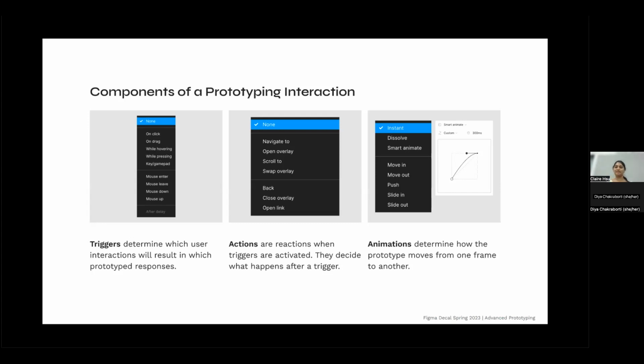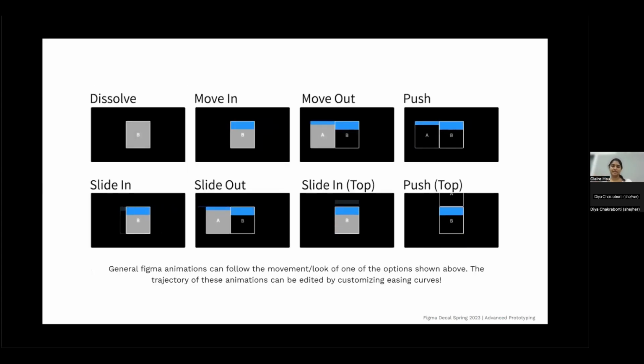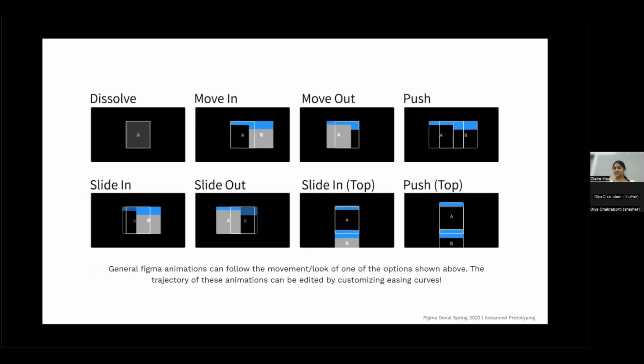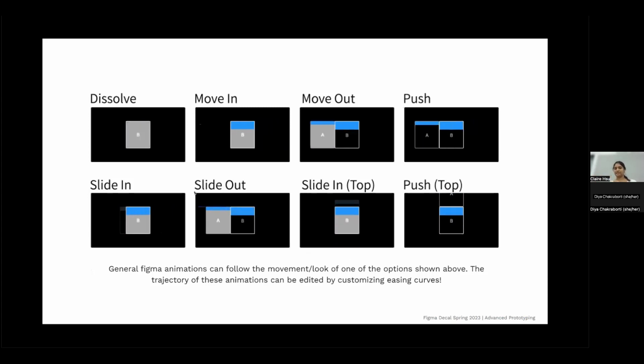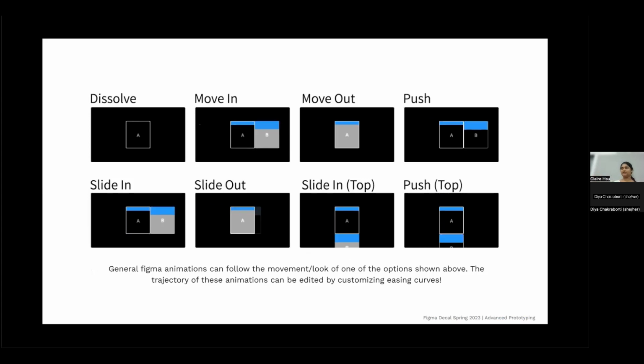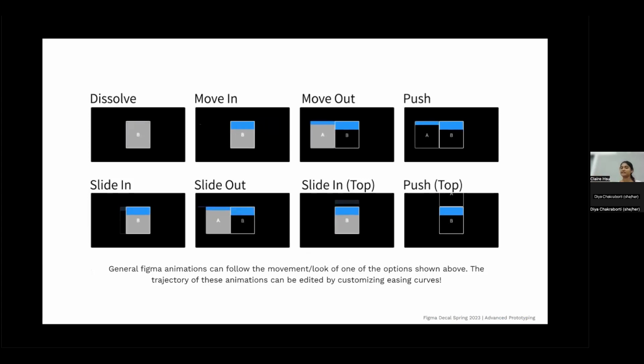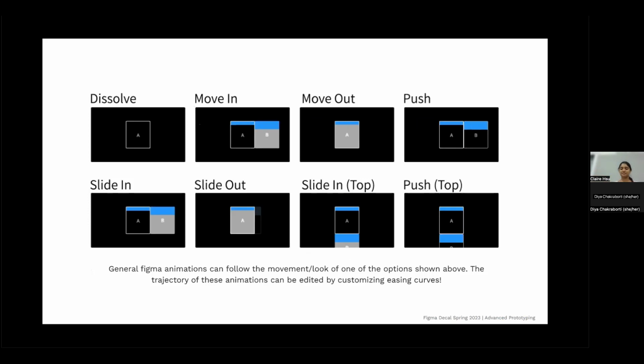So if you want to play around with those, you can see the actual difference. It's just like very, very tiny. So here are the transitions. As you can see, most of them are kind of like smooth and quick, but if you want to make the animation more custom, you can absolutely do that by adjusting like the time or even like how fast or slow a part of the animation moves.